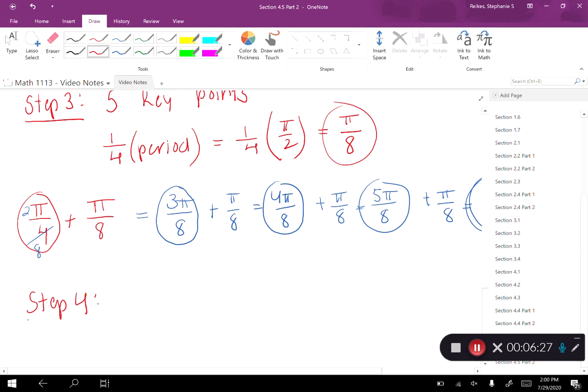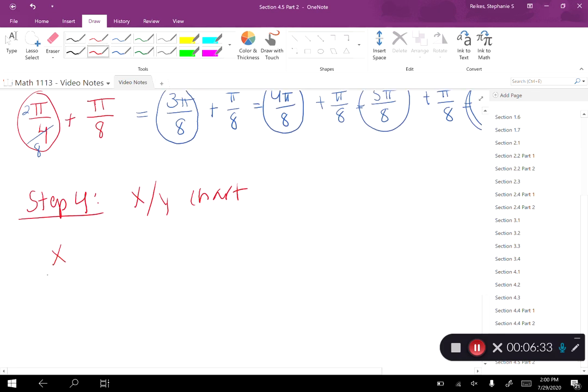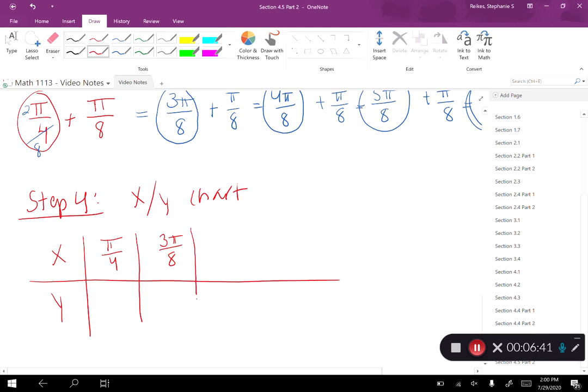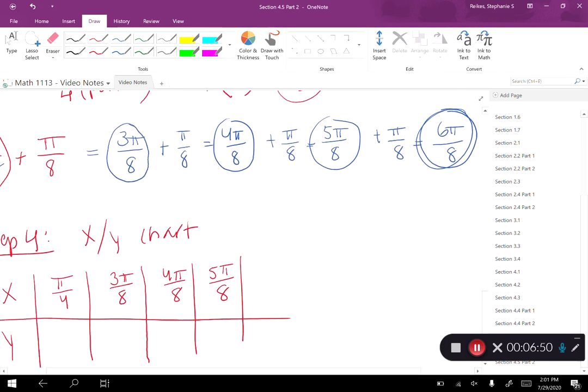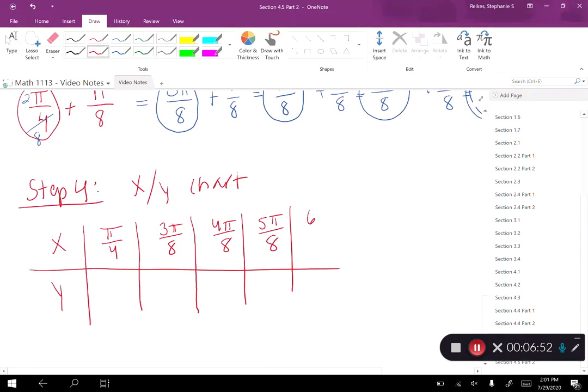So in step 4, I need to do my XY chart. So I had pi over 4, 3 pi over 8, 4 pi over 8, 5 pi over 8, and 6 pi over 8. Again, you can reduce these if you want at this point.